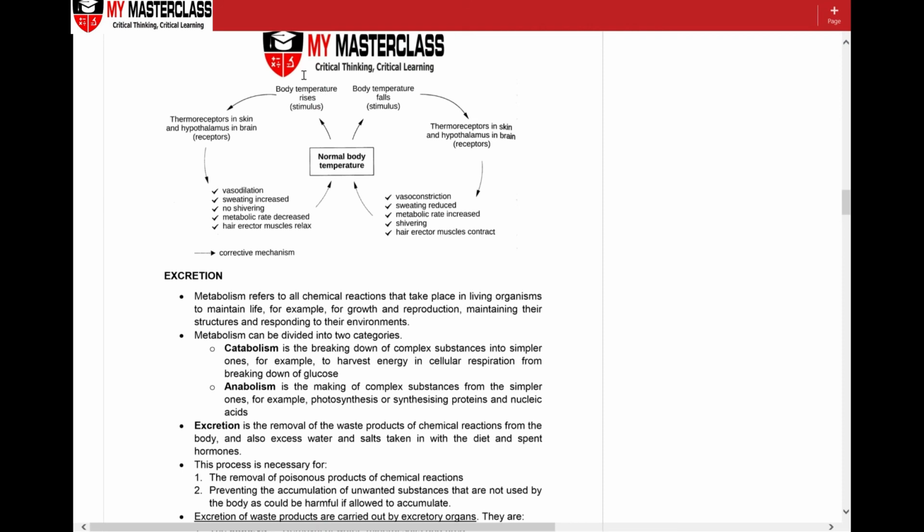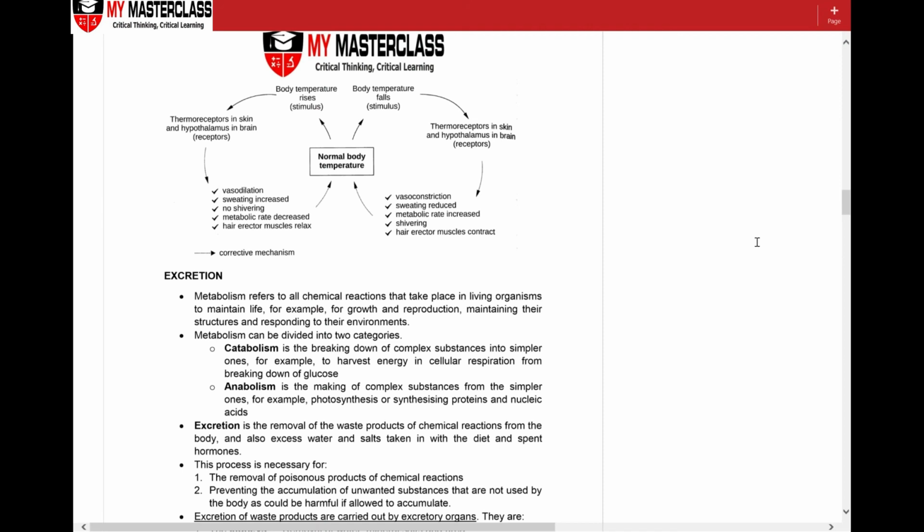So likewise, when the body temperature rises, thermoreceptors in the skin detect it, will inform the hypothalamus of the brain, which will then have a series of actions that take place that will correct the mechanism to get the body temperature back to normal. Okay, now this is the last part that we are looking at for the skin.